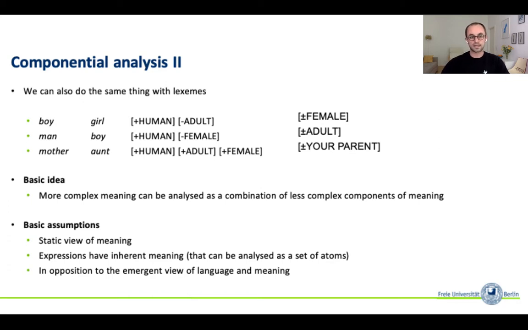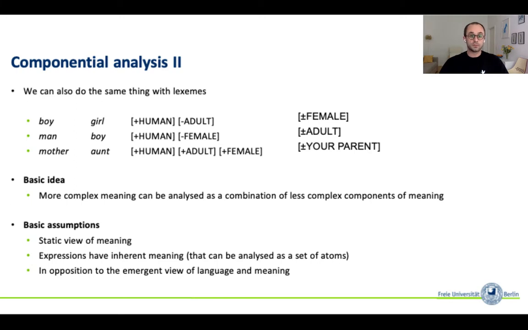This is an idealized way of approaching meaning, because we know that meaning changes and that we can't really consider meaning without its context. But this is the assumption that lies underneath the componential analysis of meaning.